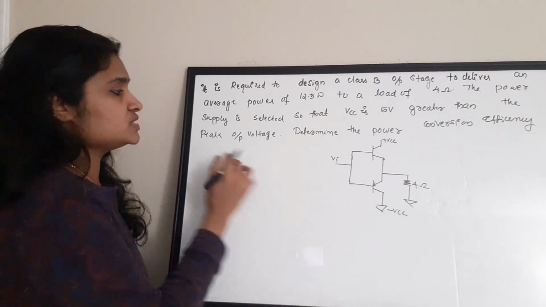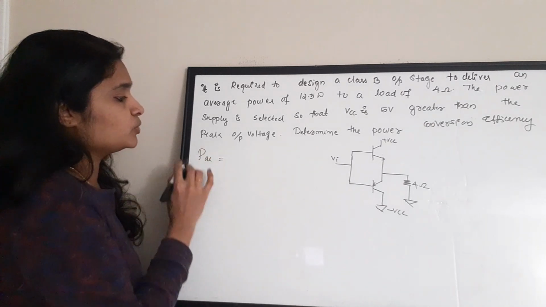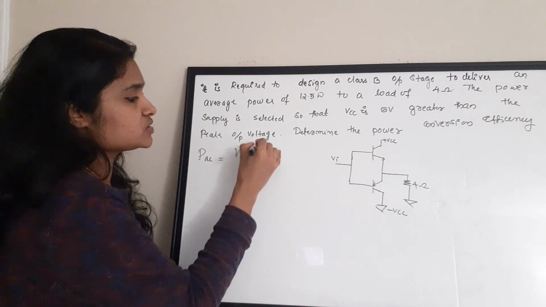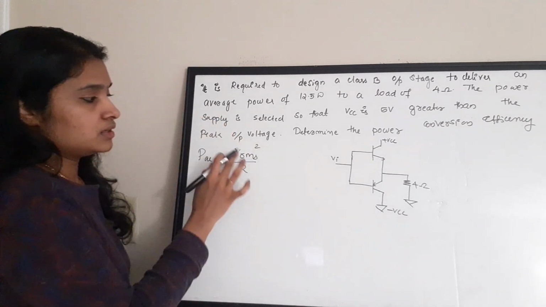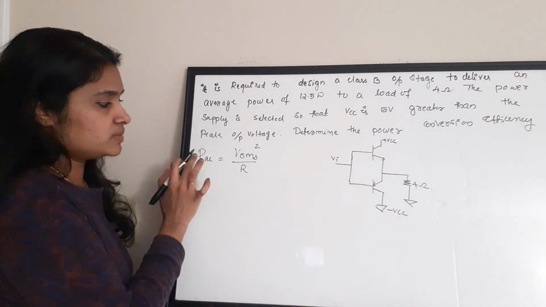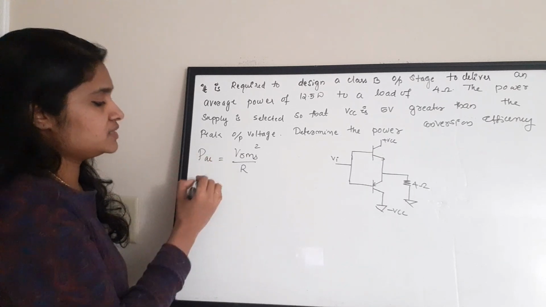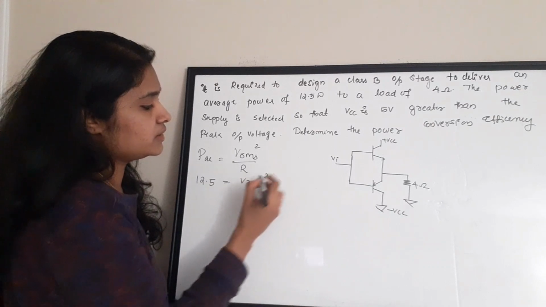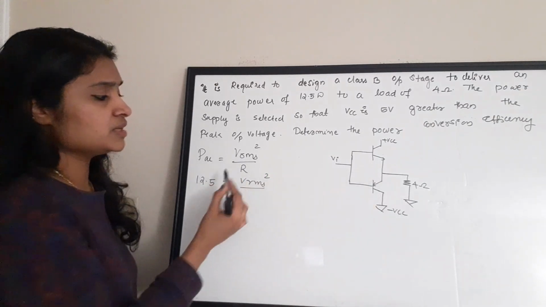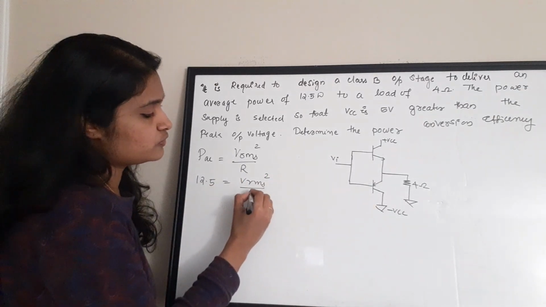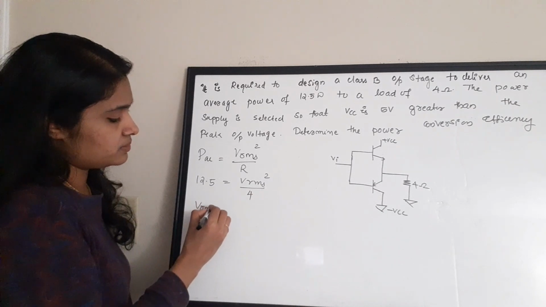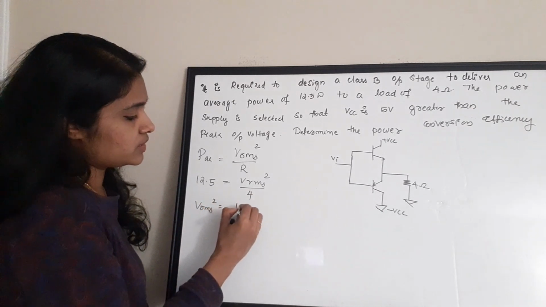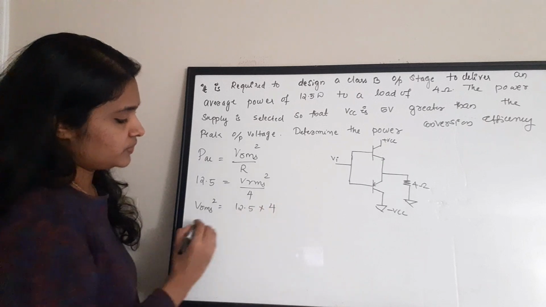So I am going to use the relation PAC, that is output power, is equal to Vrms square by R, relating the voltage with the power and resistance. PAC is 12.5 watts, equal to Vrms square by R, where R is the load resistance, 4. So Vrms square is equal to 12.5 into 4.